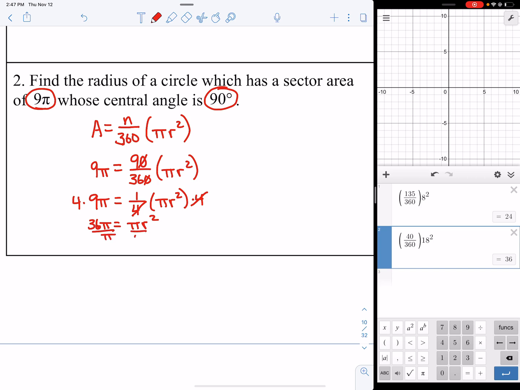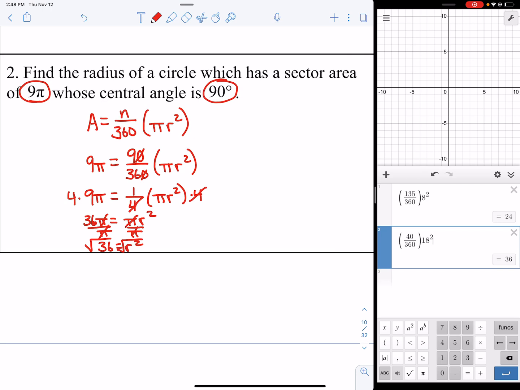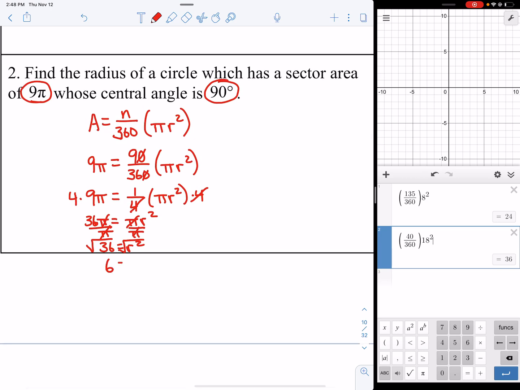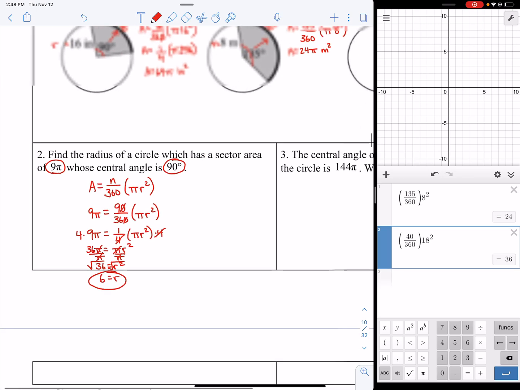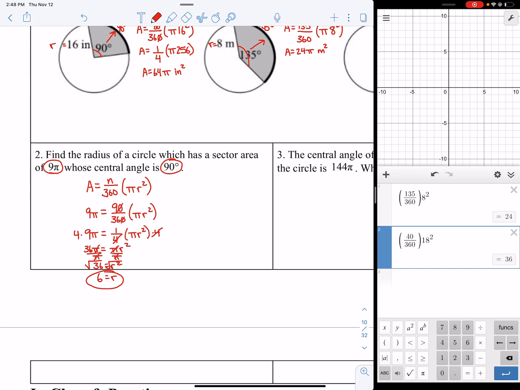Then I can divide by pi and get rid of pi on both sides. So I get 36 equals the radius squared. And then when I take the square root of both sides, I really get plus or minus 6, but the radius can't be negative. And so we just get positive 6 for the radius for that one.